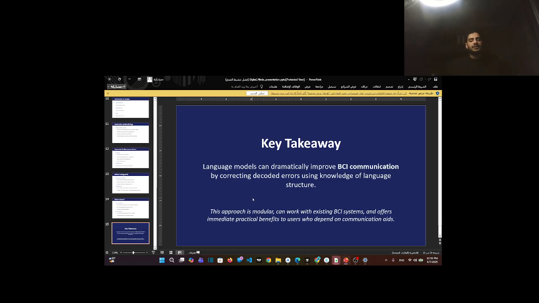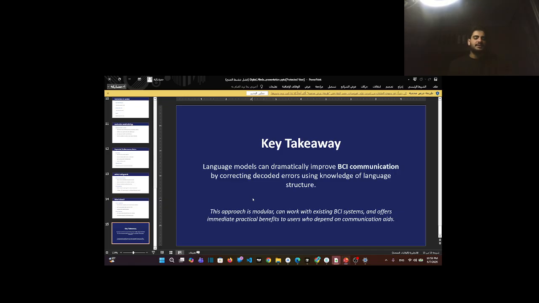It does not require changing the entire BCI hardware system. Instead, it adds an intelligent correction layer after decoding. This can reduce errors, improve meaning, and make BCI communication more practical for people who depend on assistive communication technologies.